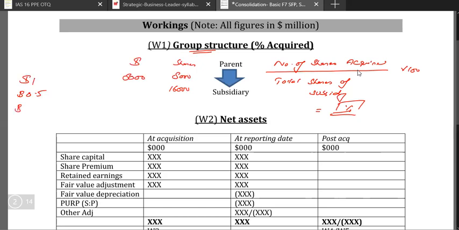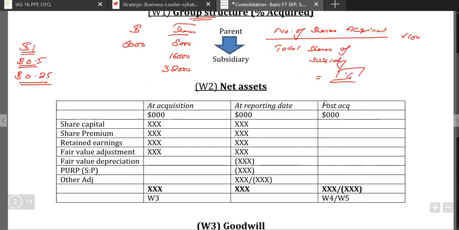If it is written 0.25, then the total number of shares will be 32,000. So you need to remember this concept of how you are going to calculate. You need to see whether it is $1, $0.5 or $0.25, and that gives you the total number of shares. So this concept should be remembered.